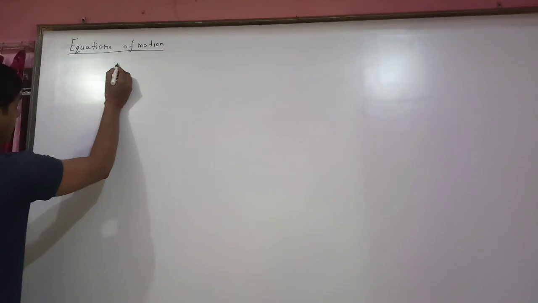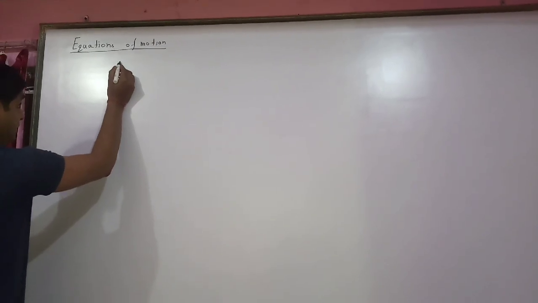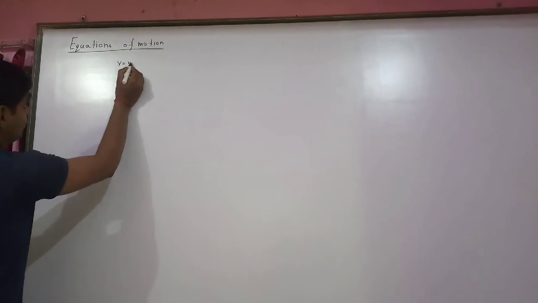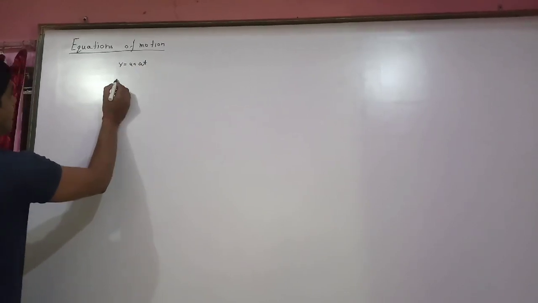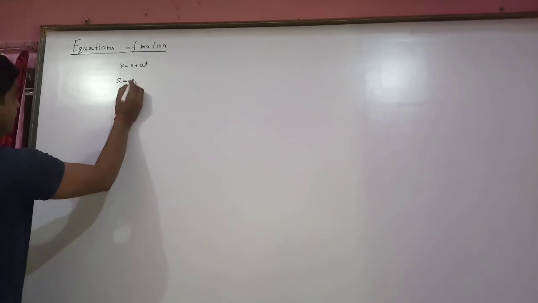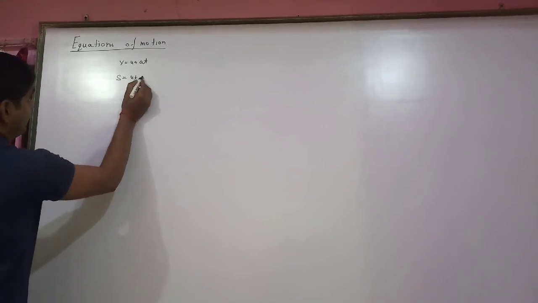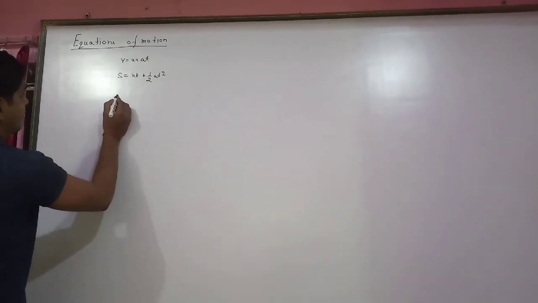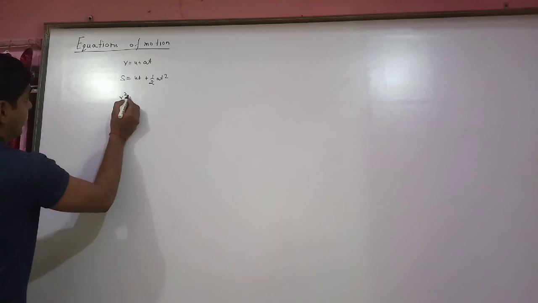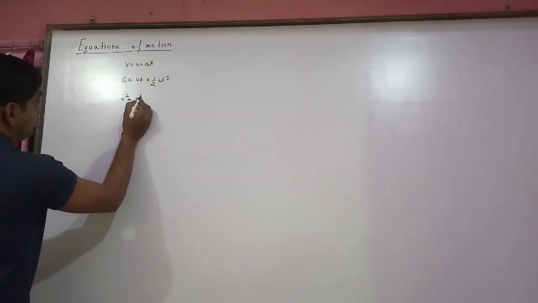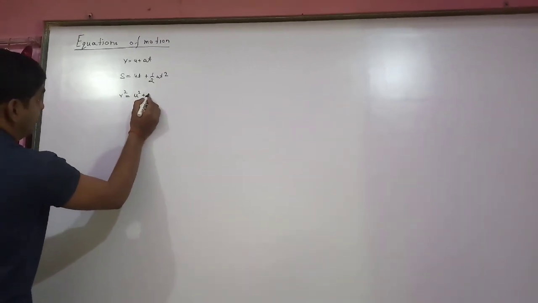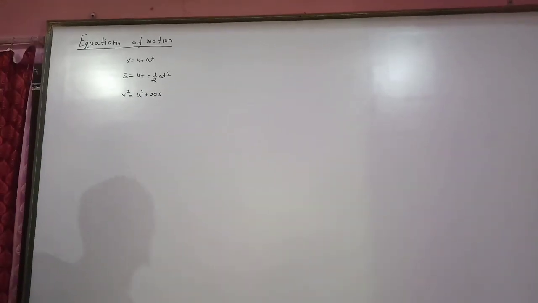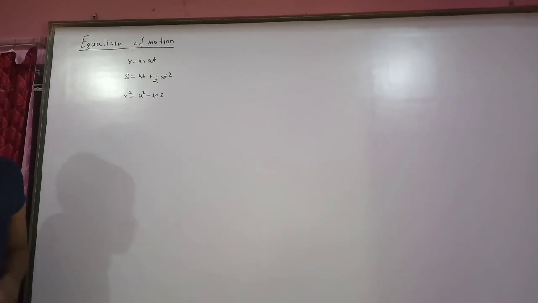The first equation of motion is written as v = u + at. The second equation is s = ut + half at square, and the third equation of motion is v square = u square + 2as. There are three equations of motion.